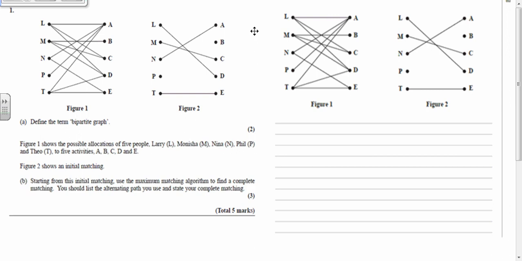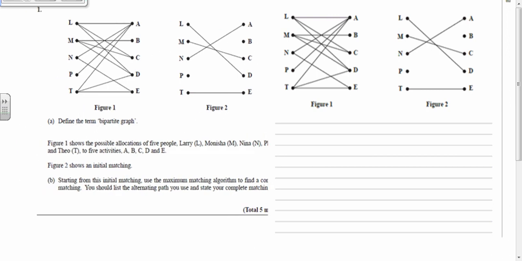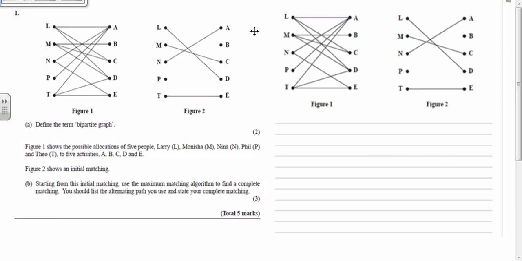This was last year's paper. Bipartite, you're going to have 2 marks for this.